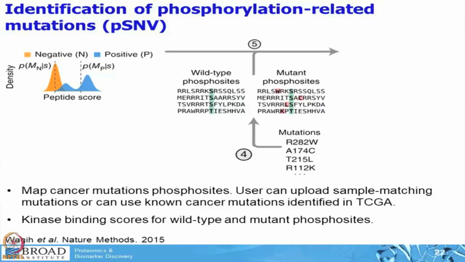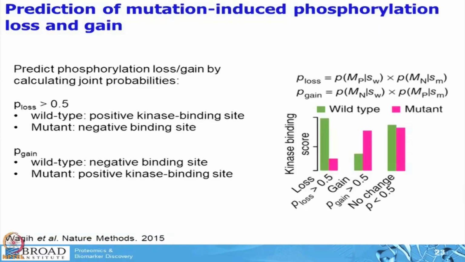One is the wild type phosphosite, and if there's a mutation in this sequence window, we calculate the same specificity using the mutated sequence. These can be known cancer mutations from TCGA, or you can upload your own mutations. Both are possible. Then you look for differences in these probabilities.